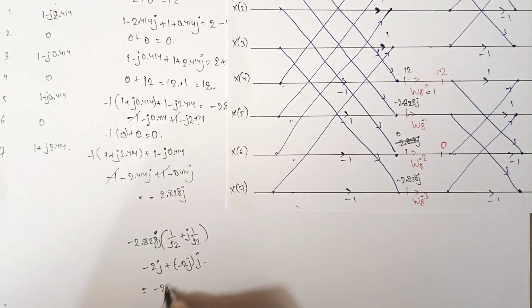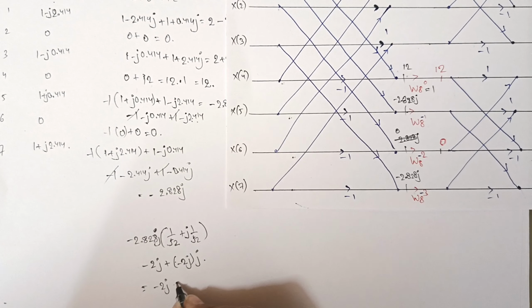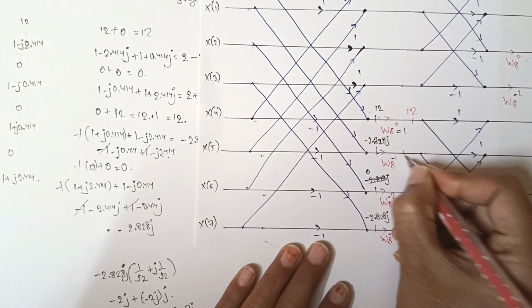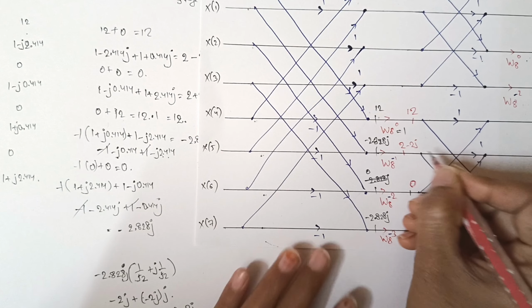So this will be minus 2j, and j times j will give us -1, so it will convert it as +2. So we got 2 minus 2j. So here let's note it down. Here we got 2 minus 2j.